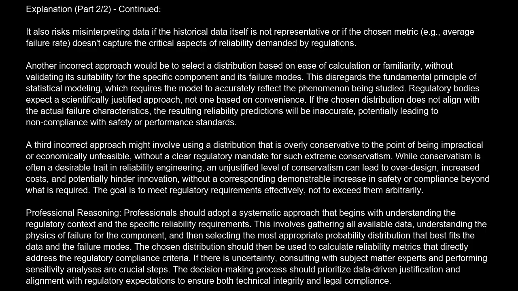The chosen distribution should then be used to calculate reliability metrics that directly address the regulatory compliance criteria. If there is uncertainty, consulting with subject matter experts and performing sensitivity analyses are crucial steps. The decision-making process should prioritize data-driven justification and alignment with regulatory expectations to ensure both technical integrity and legal compliance.